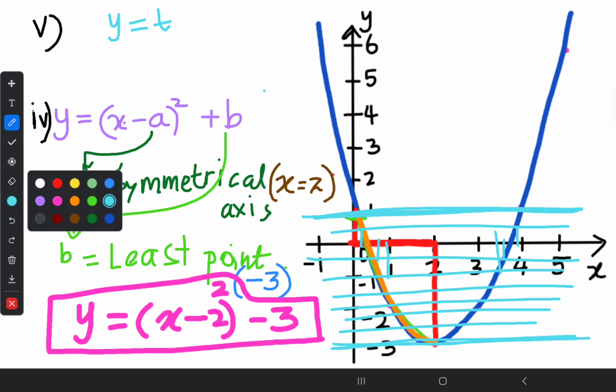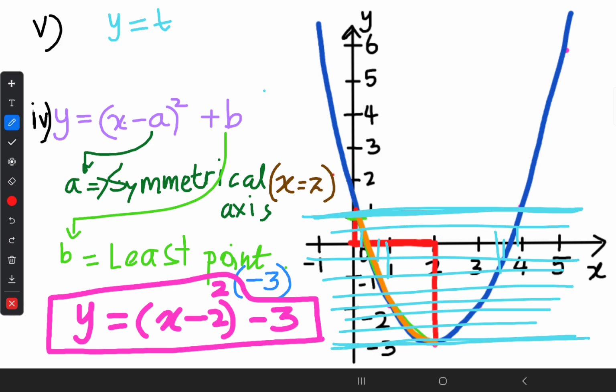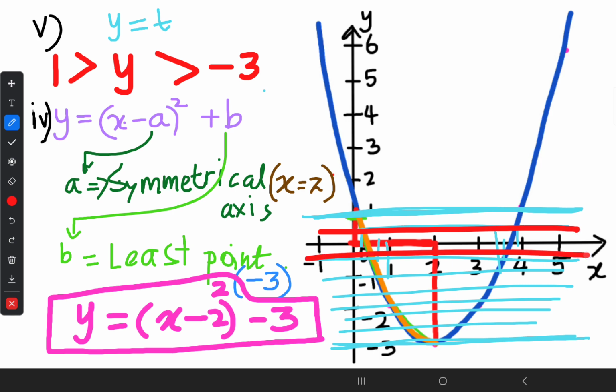Accordingly, the range of t can be determined by this. So when the y values are less than 1 and greater than negative 3, y equals t.